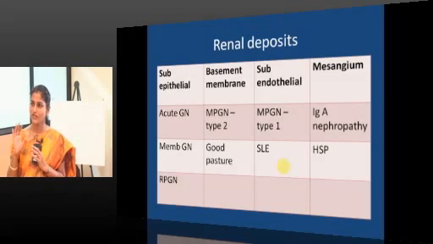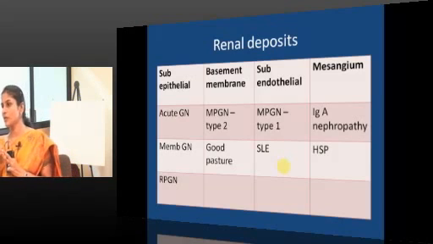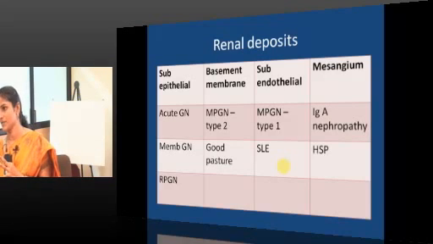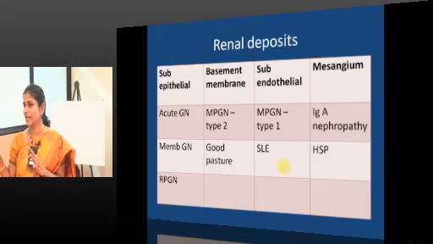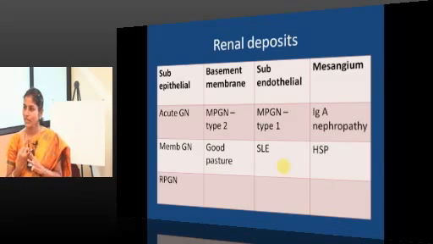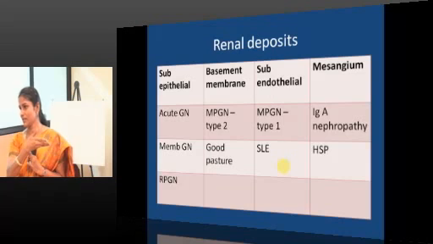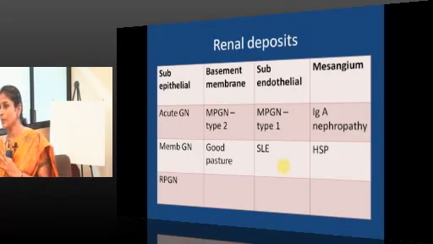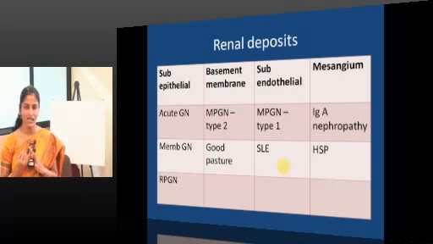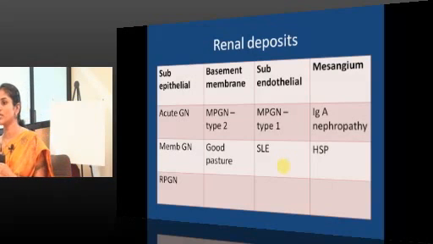The subepithelial zone is a preferred zone for post-streptococcal glomerulonephritis, where the deposits you will call subepithelial humps, lumpy bumpy granular deposits, and then membranous glomerulonephritis, that is what you have seen in the picture. So, it will have membranous deposits on the subepithelial aspect, okay, and then RPGN. So, these three pathologies will have preference for the subepithelial zone.